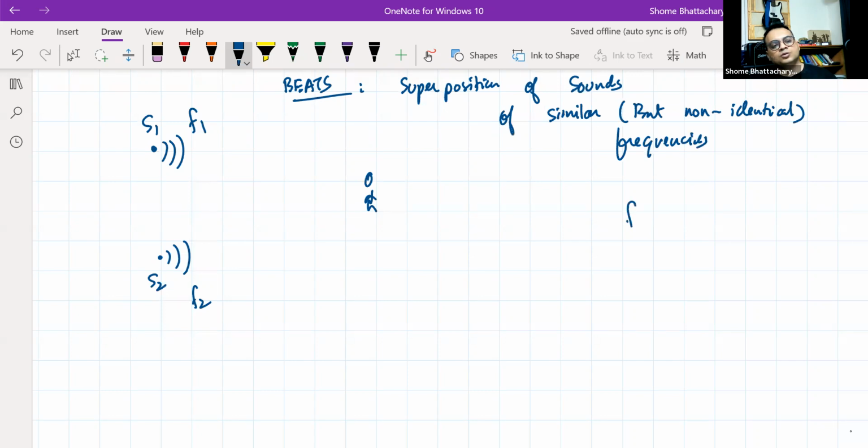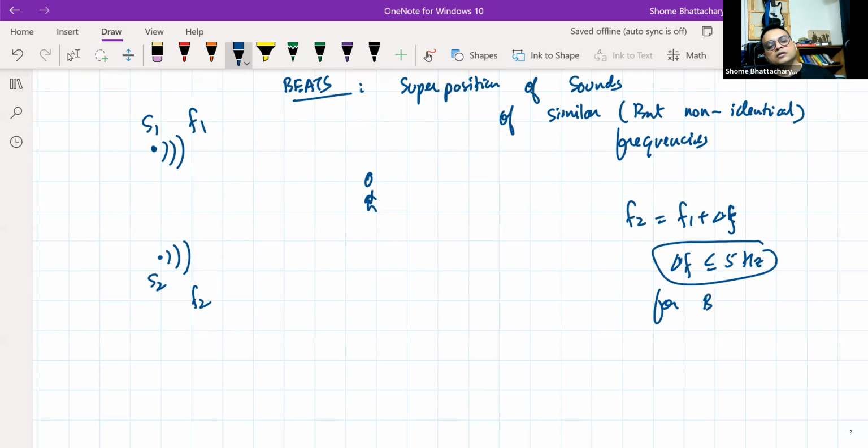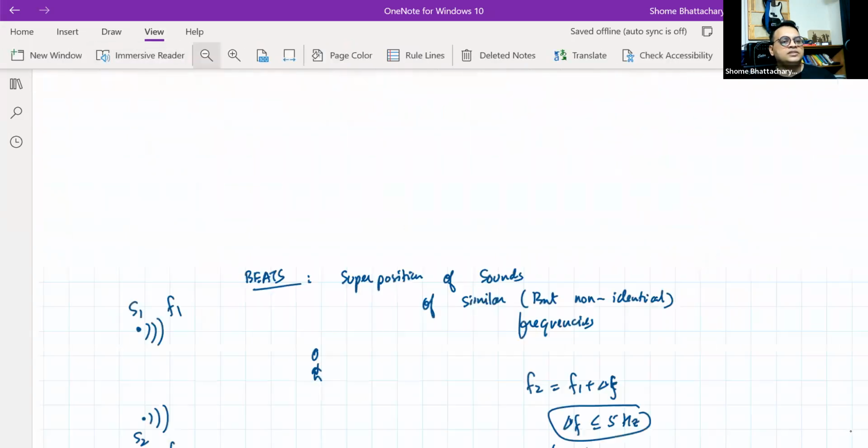Okay, so suppose F2 is equal to F1 plus delta F, because F2 is larger than F1, suppose, then delta F should be less than or equal to about 5 hertz for the beats to be audible. So I'll explain what this means, what the audibility of beats is. But first let's understand what beats itself is.